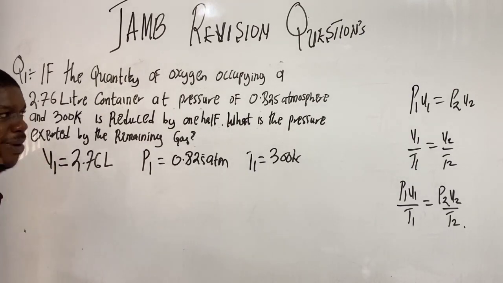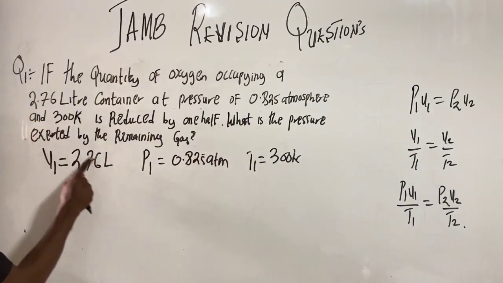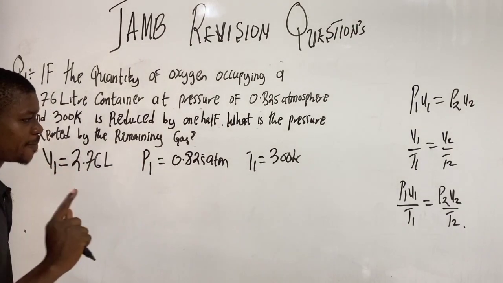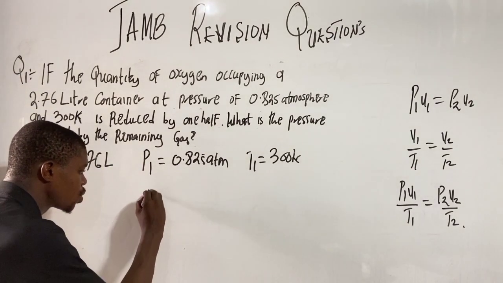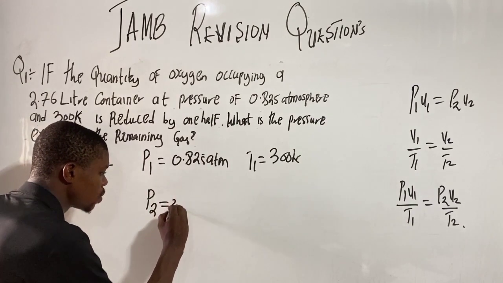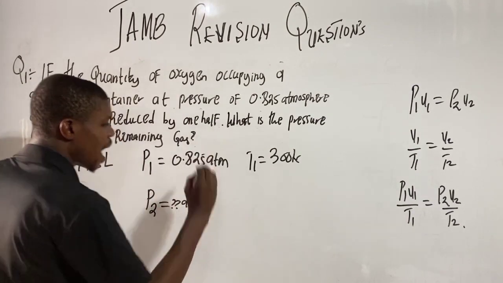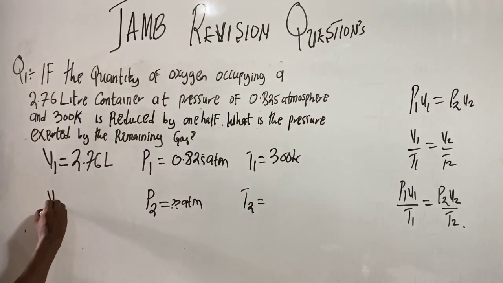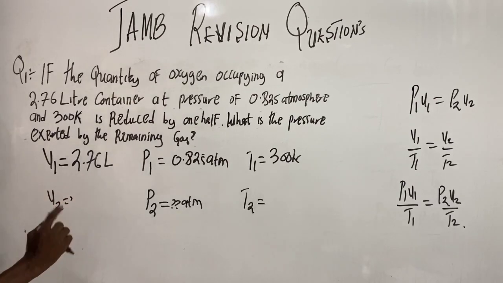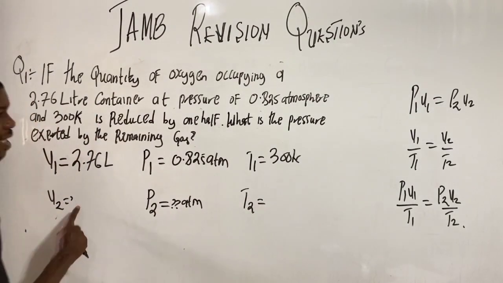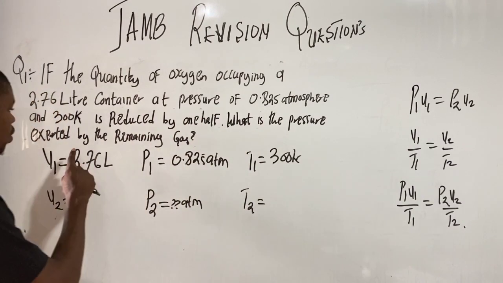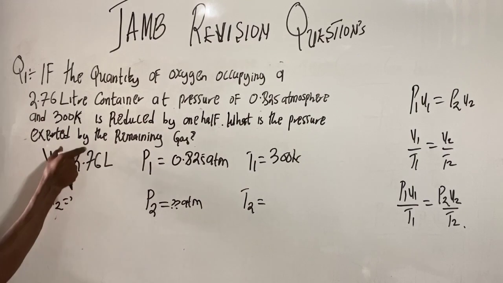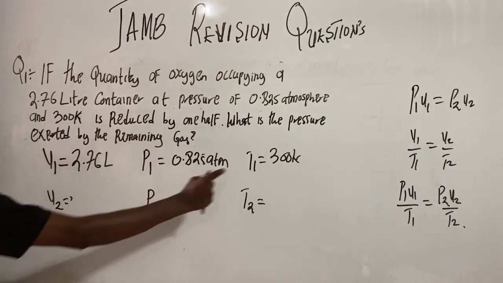What is the pressure exerted by the remaining gas? Look at something here. What they want us to calculate is P2. Now, what is my V2? Remember, the value was not given, but they said the volume is reduced by half.